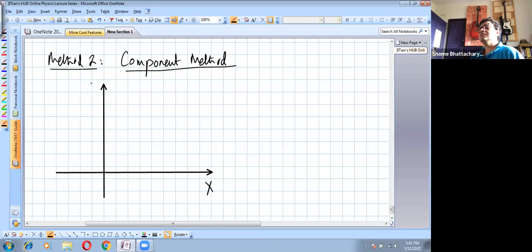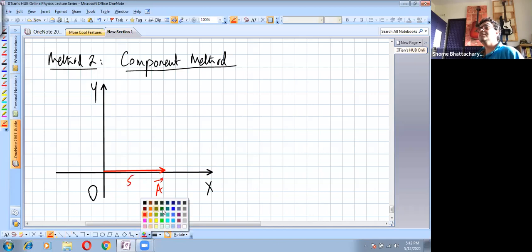Or in other words, I will just choose my x-axis so that it is along vector A. So vector A is 5 units along the x-axis.